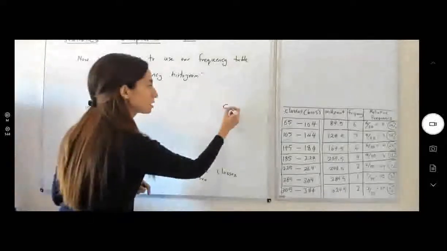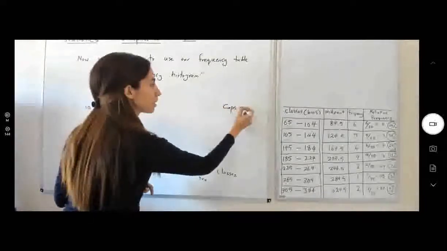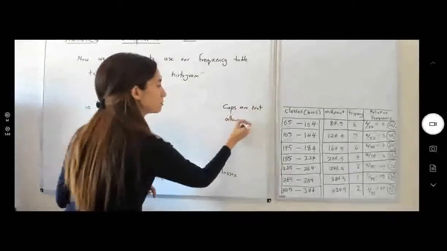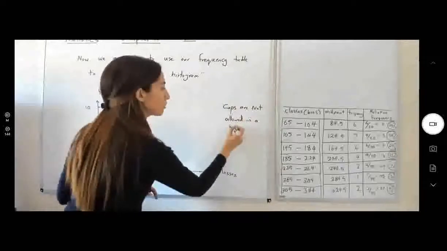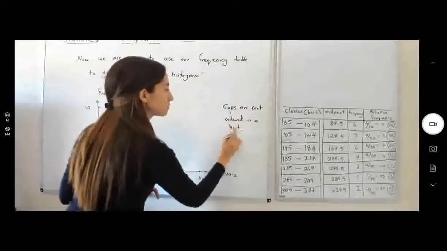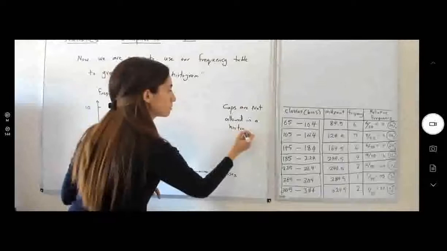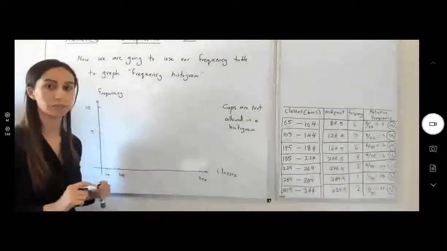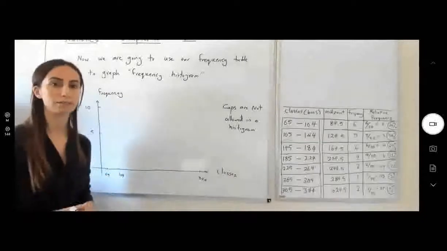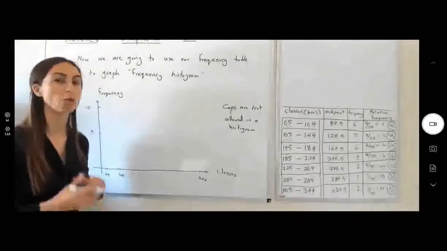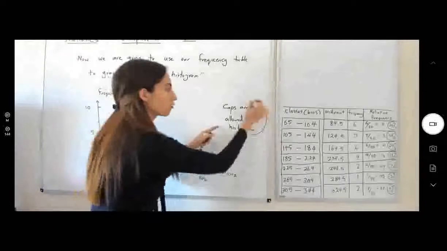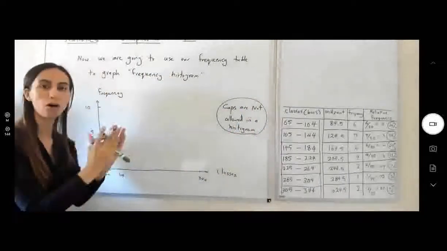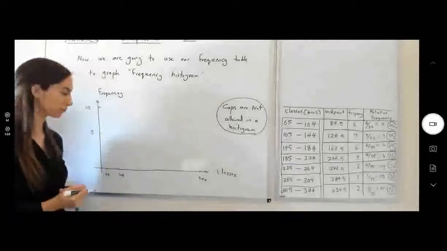So gaps are not allowed in a histogram. If you have gaps in between bars, we call it a bar chart or bar graph. Since you are forming a histogram, you have to have all bars adjacent to each other.